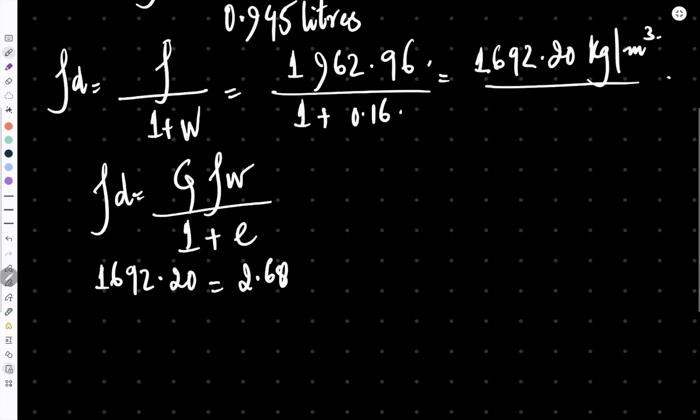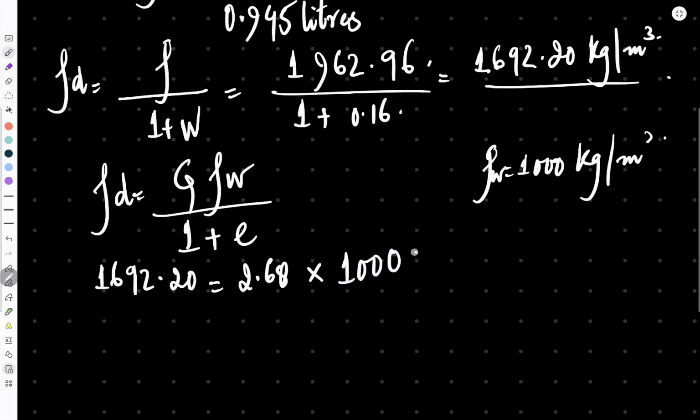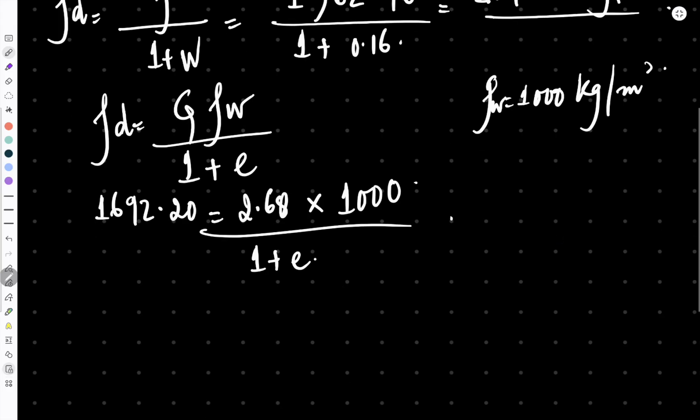Density of water, how much is it? 1000 kilograms per cubic meter. We'll be using the same in our question, 1 plus e. By calculations, my e is 0.58.